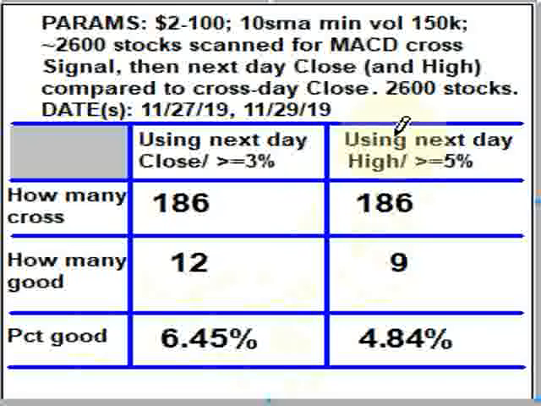Then when we use the high as a benchmark with greater than or equal to 5%, because it just wouldn't have made sense to do 3%, of those 186, 9, which is 4.84% of the total number of crosses, would have yielded greater than or equal to 5%.